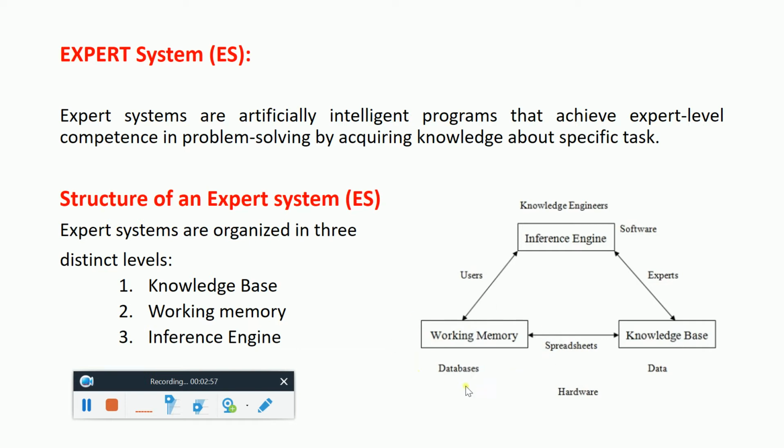The second level, which is working memory, basically provides task-specific data for the problem under consideration. That means working memory provides relevant data for the current problem being solved.